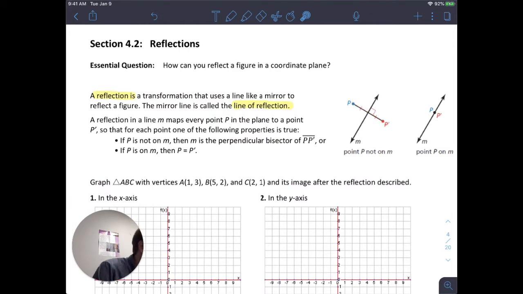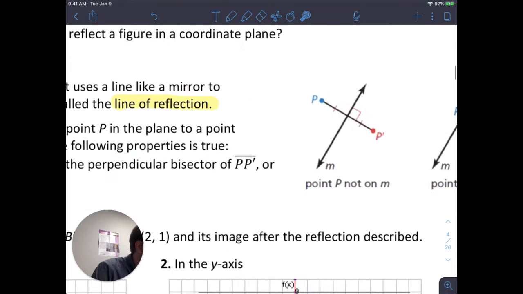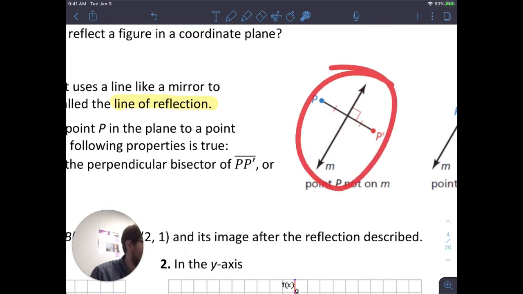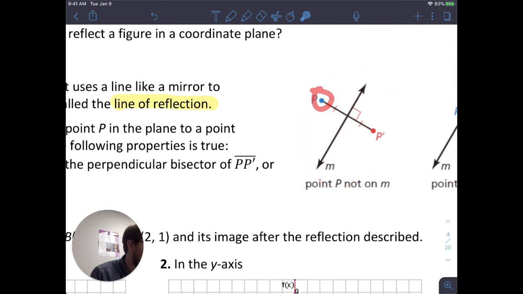And so we can see here that these are congruent segments because this line M is the perpendicular bisector. And so we see that P is the same distance from line M as P prime is. Basically, the point P, when it's been reflected, its reflected point is the same distance from that line of reflection.